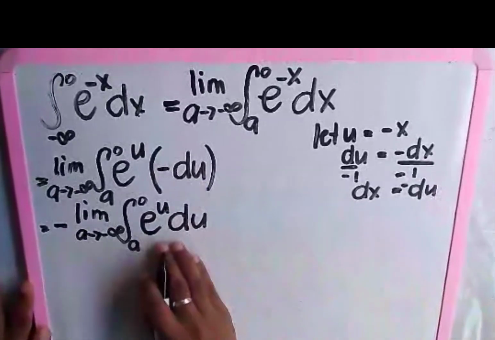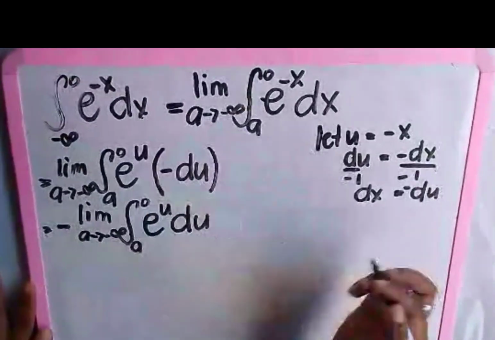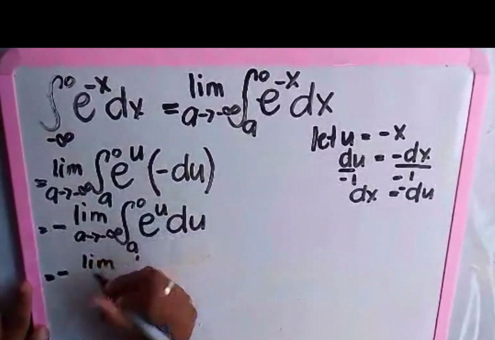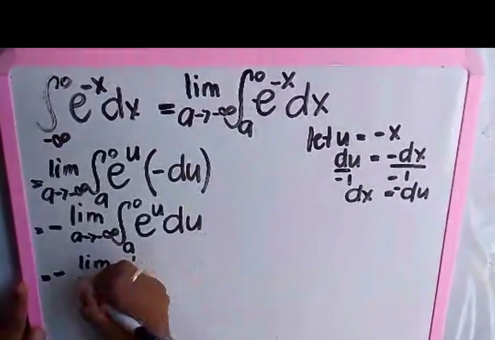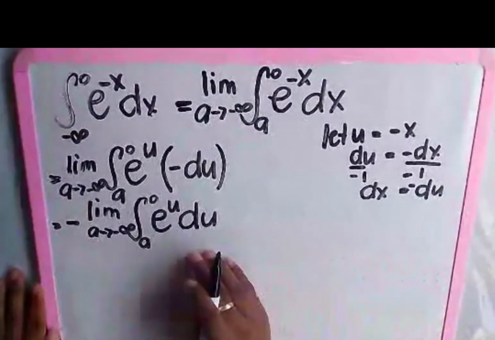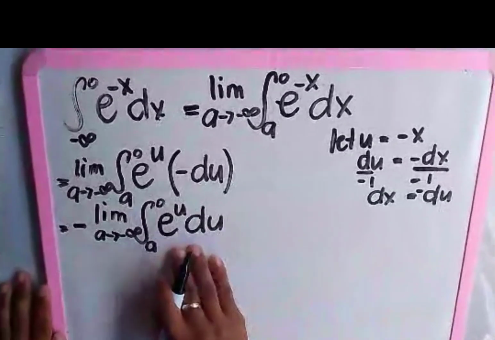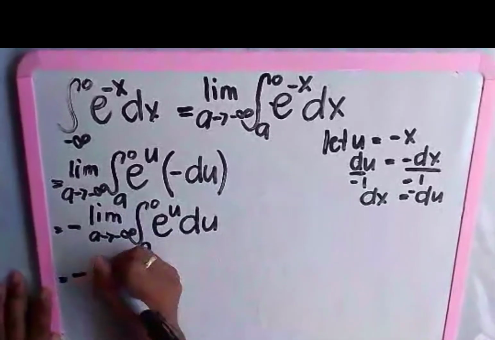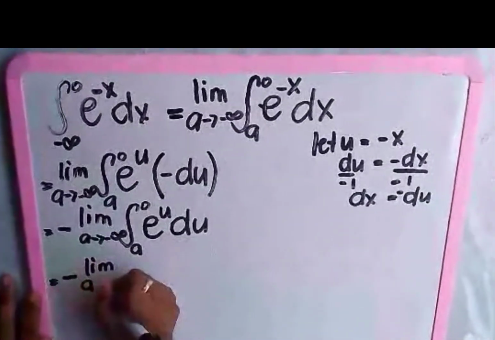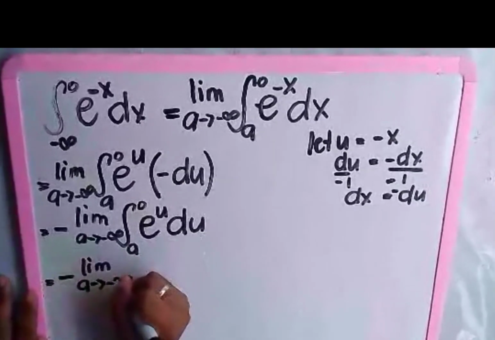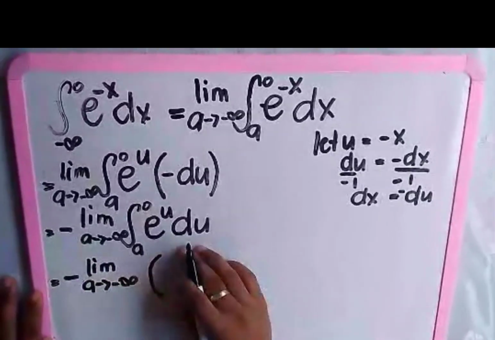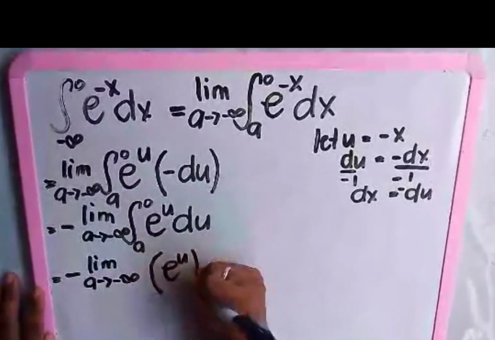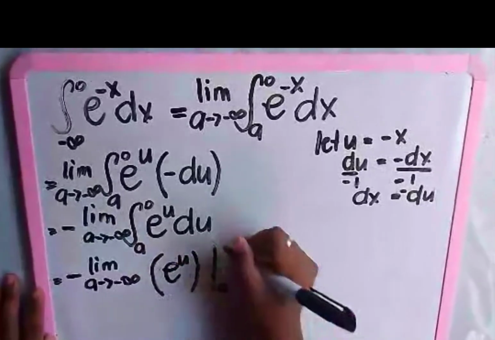And then, let us integrate the function. We have the negative limit as a approaches negative infinity of the integration of e raised to u du, which is e raised to u from a to 0.